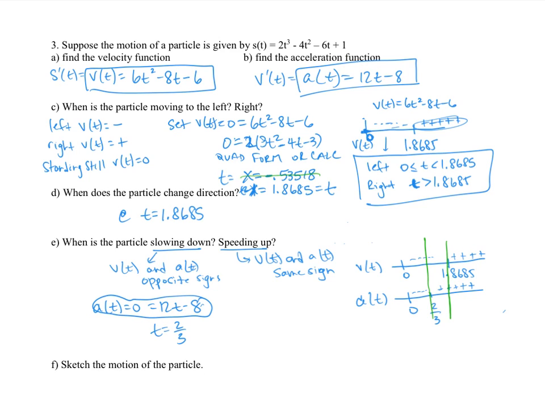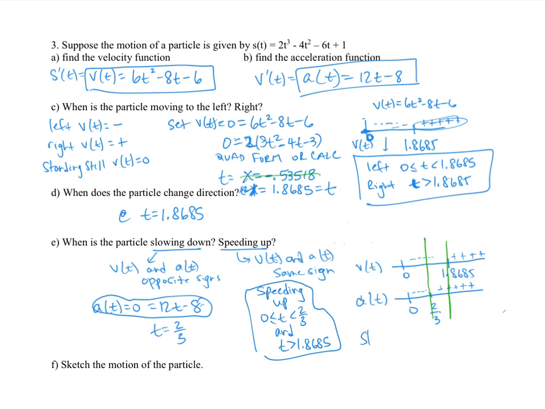Same sign, so speeding up is going to happen between 0 and 2/3, and this will also occur when t is greater than 1.8685.